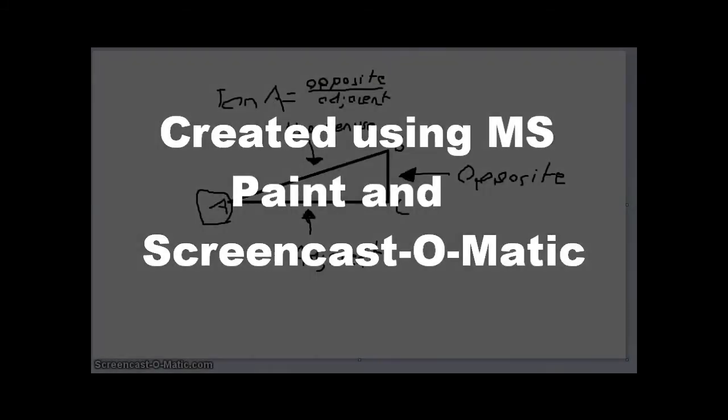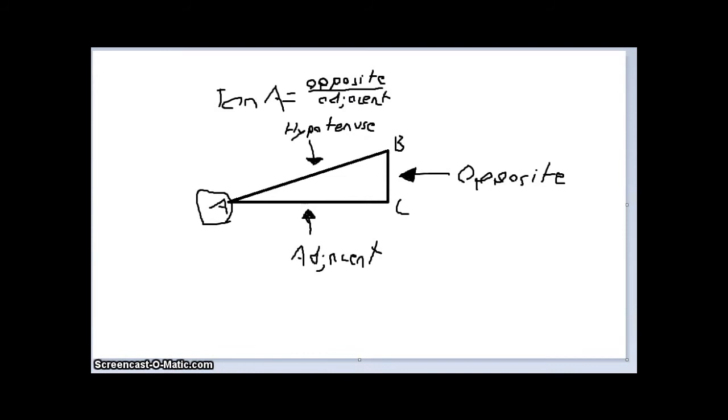Sections 8.5, 8.6, and 8.7 deal with trigonometry and right triangles. Section 8.5 is all about the tangent ratio.